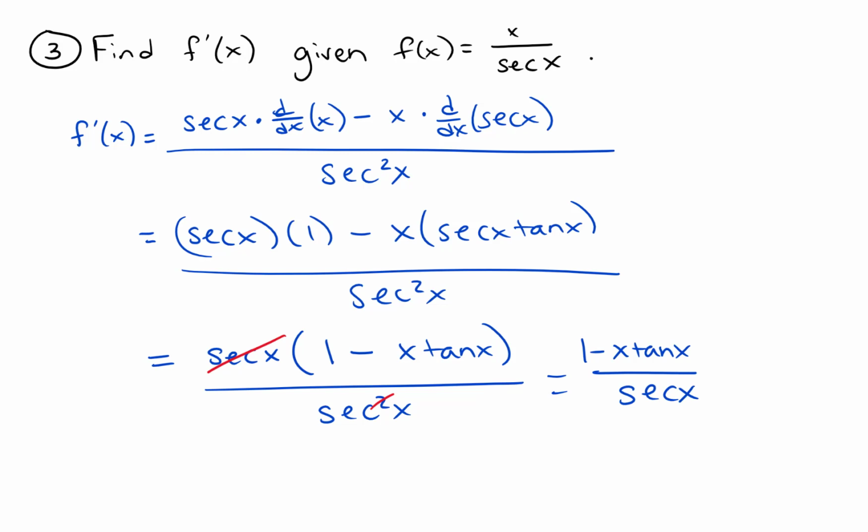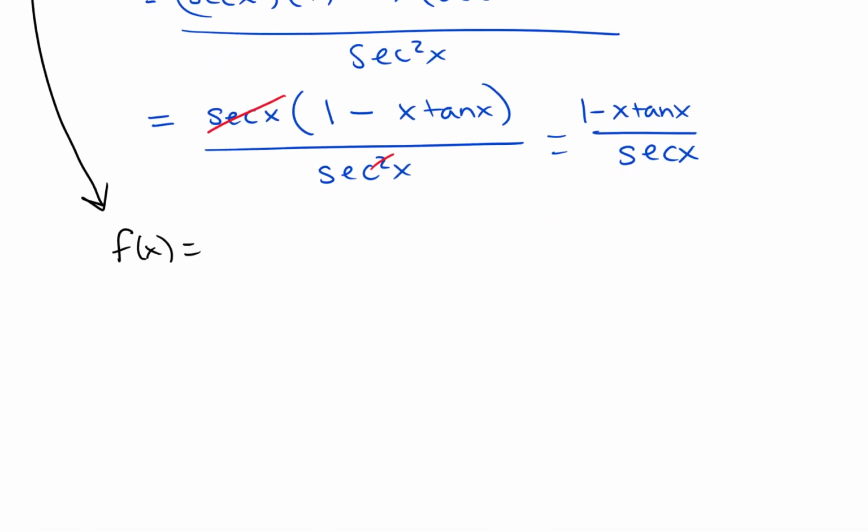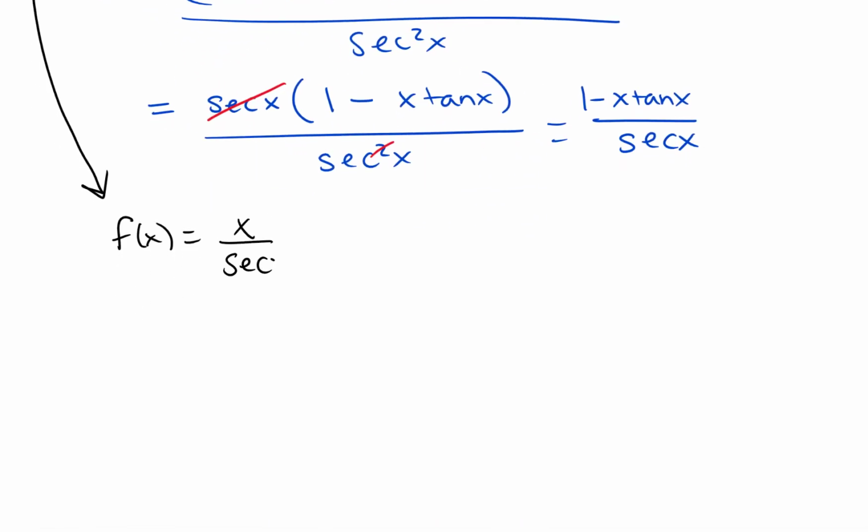Now, what if we had done this problem a slightly different way? So I'm going to do this again. Our original function was f of x equals x divided by secant of x.